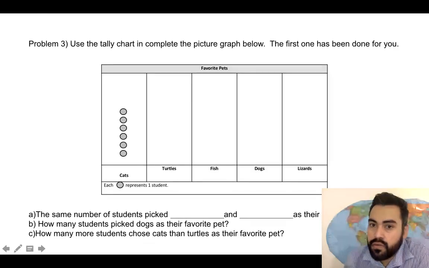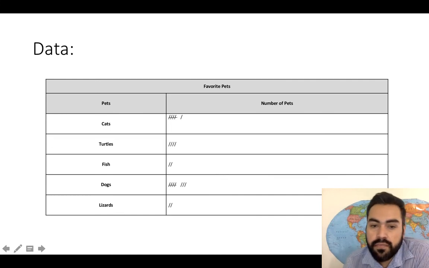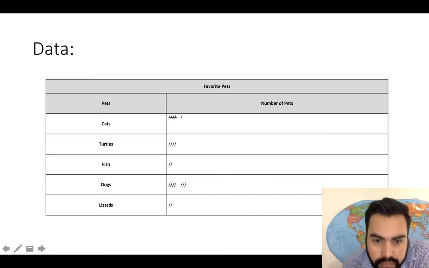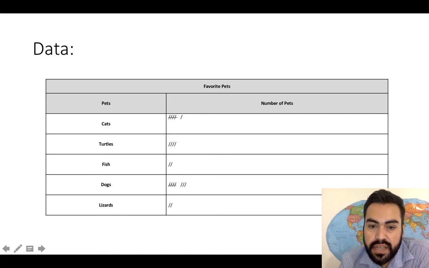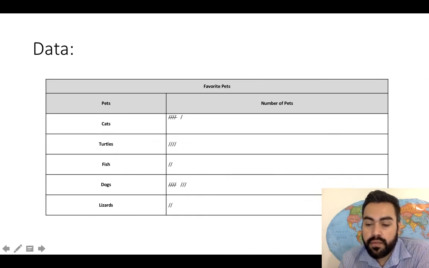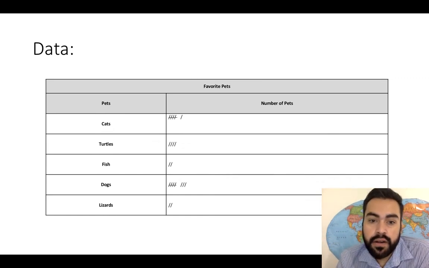So now you go ahead and start representing the number of students who like turtles, fish, dogs, and lizards. If we look at our data, it just so happened that it's a 6, 4, 2, 8, 2, all even. It's already tallied up for you here. But as we do more and more, we start getting into graphs, bar graphs, pie charts, and stuff like that.